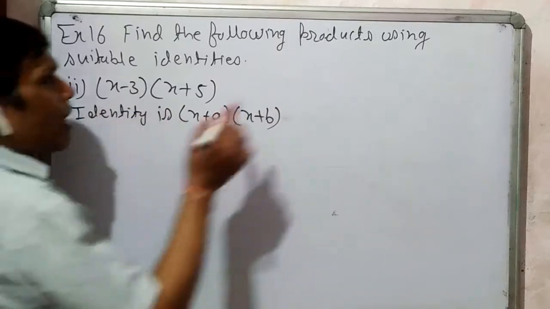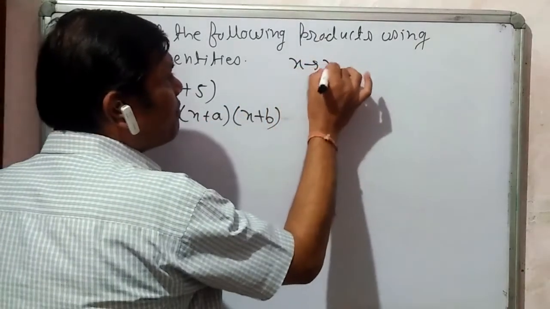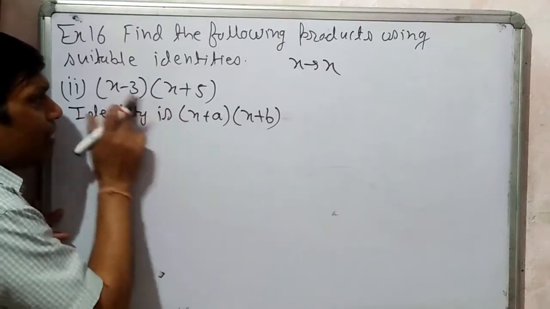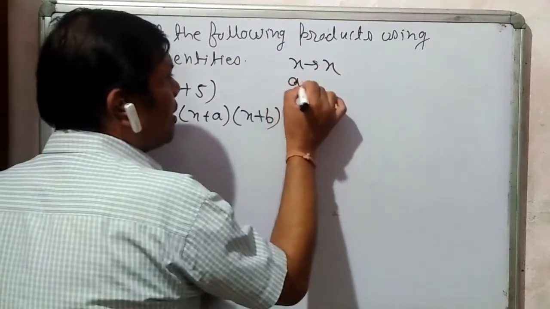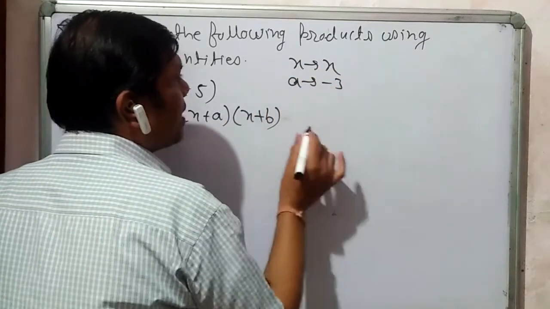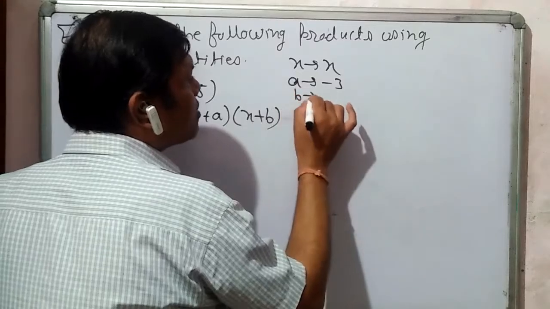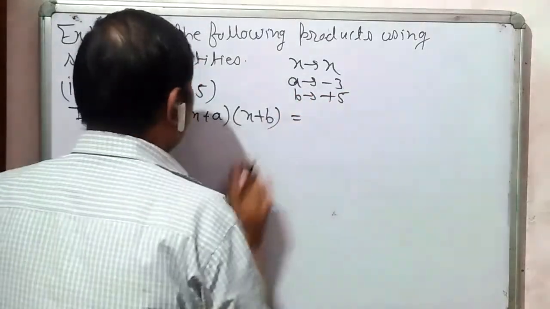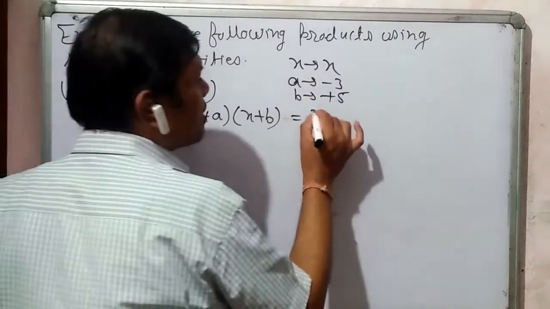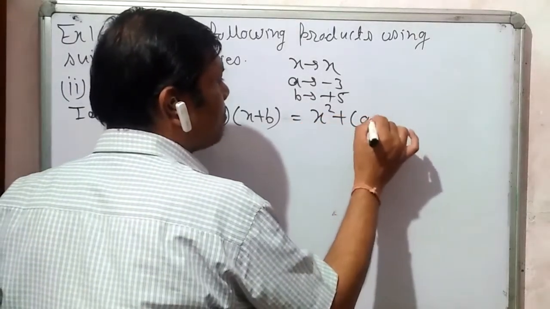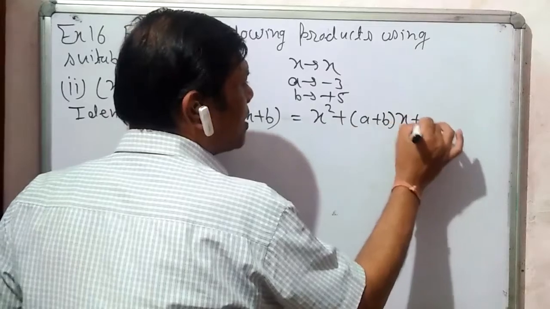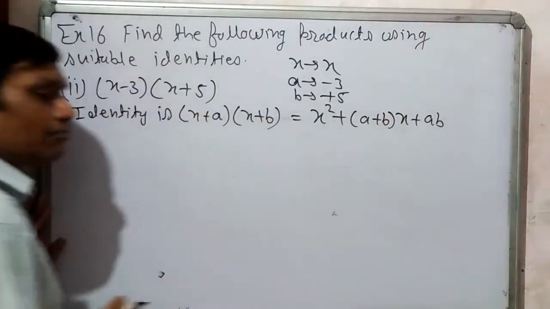Match it. What you are getting is, in place of x there is x, in place of a there is minus 3, and in place of b there is plus 5. And the identity we understood was x square plus (a plus b) into x plus ab.